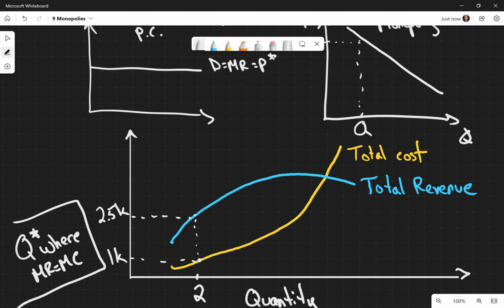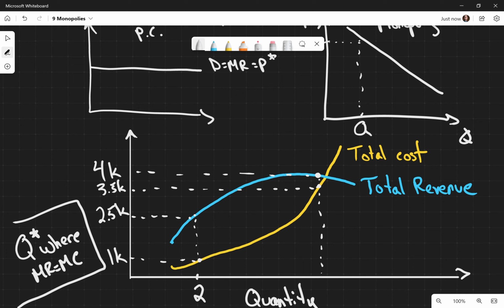At really high levels of output, you're going to start to bring in less revenue as the high quantity pushes down the market price. So at a high level of output, you're going to have a total revenue somewhere around 4,000, and a total cost somewhere around 3.5 thousand.